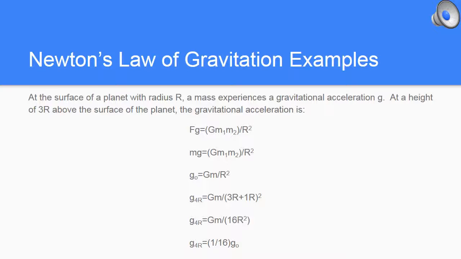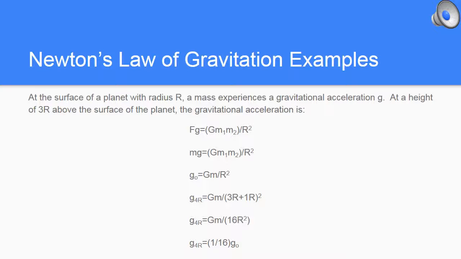So we are going to use the gravitational force equation, which is the gravitational constant times the first mass times the second mass over r squared. So we're going to have mass times gravity equals the gravitational constant times the first mass times the second mass over r squared.